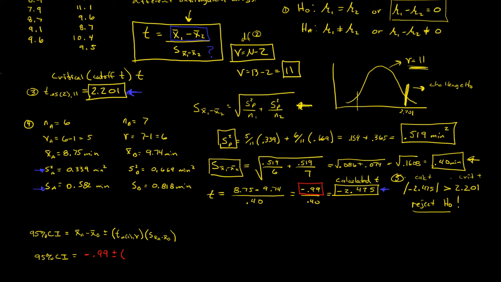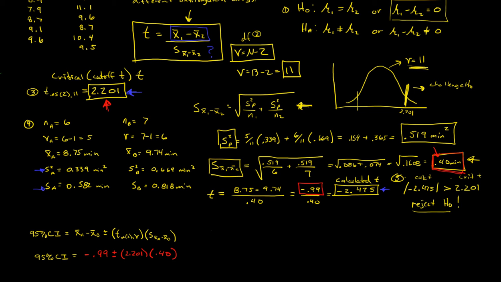Our critical t. Here was the critical t, 2.201, multiplied by the standard error of the differences between the means. And where was that? That is this value right here, which I'll rebox again, which was 0.40.